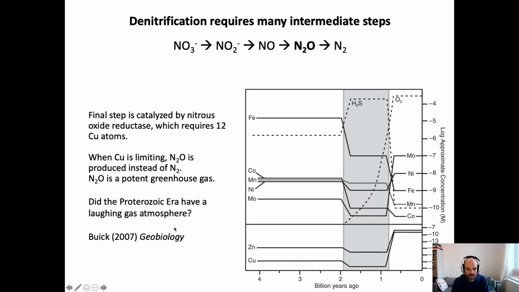So here's a figure from a really fun paper, really short too, 1 or 2 pages, in 2007, by Roger Buick, who I met when I was a student in the astrobiology program at University of Washington, where he is talking about the Proterozoic era, the Proterozoic being what is often referred to as the boring billion, this time between 1 and 2 billion years ago, when not a whole lot was happening compared to other periods in Earth history.